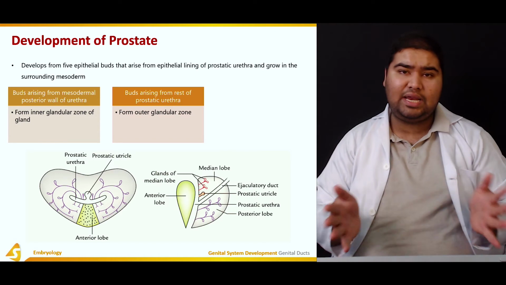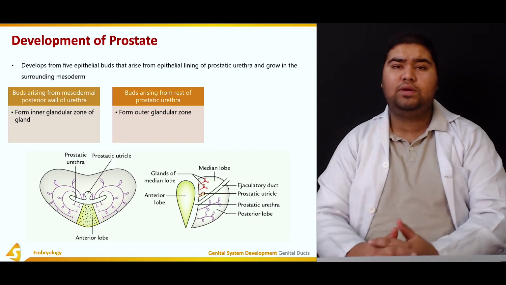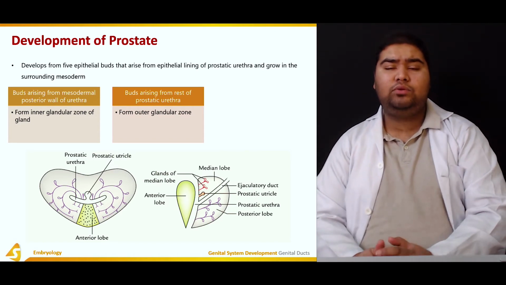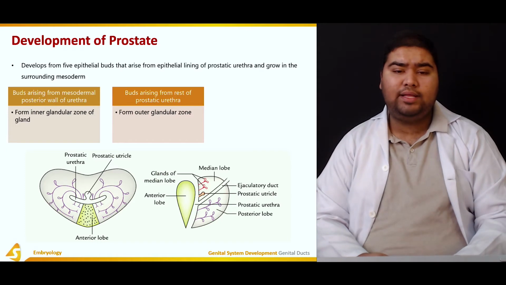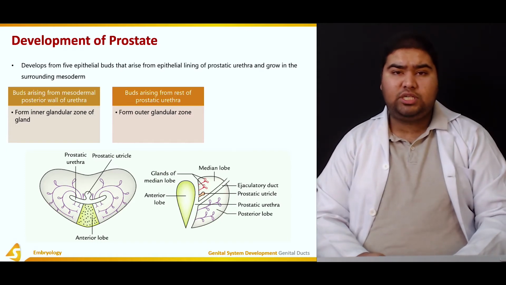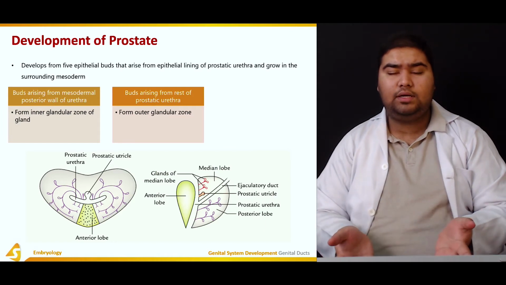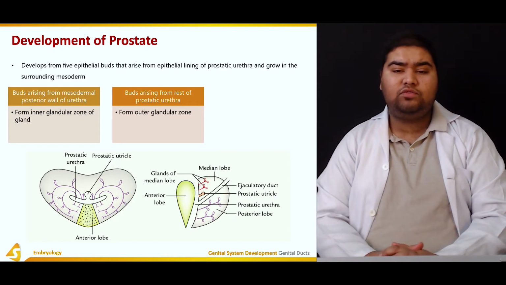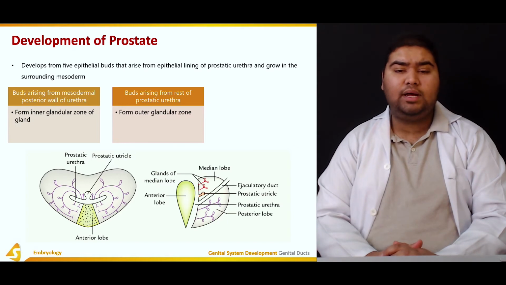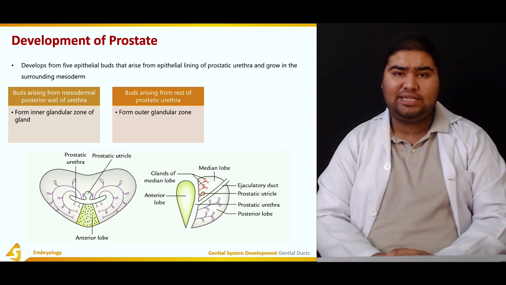So there are 2 glandular zones: the inner glandular zone is formed by the buds that arise from the posterior wall of the urethra, and the outer glandular zone is formed by the buds that arise from the other parts of the prostatic urethra except for the posterior part.